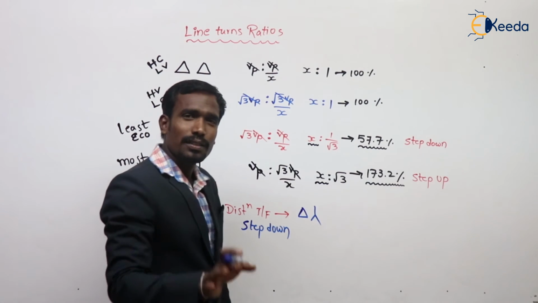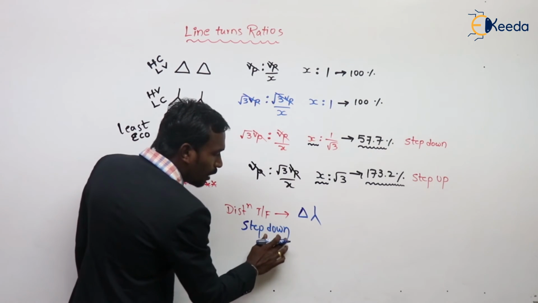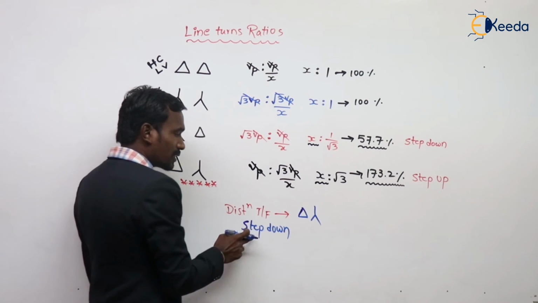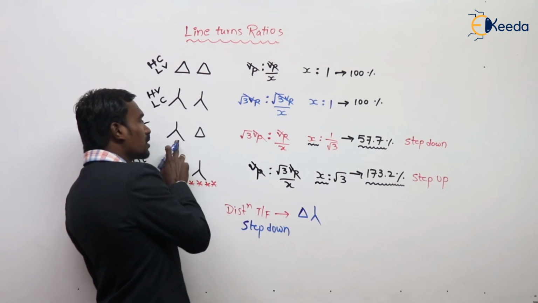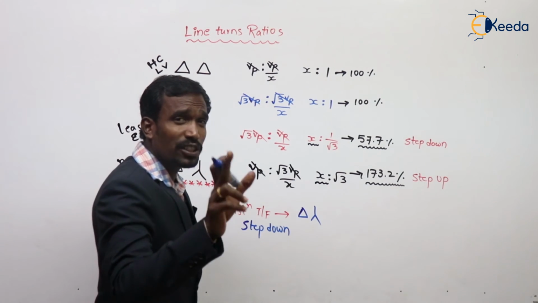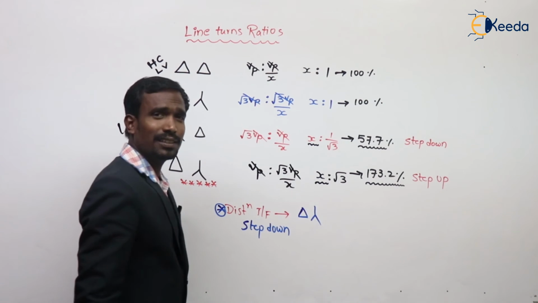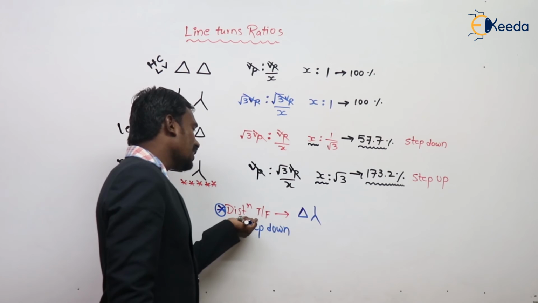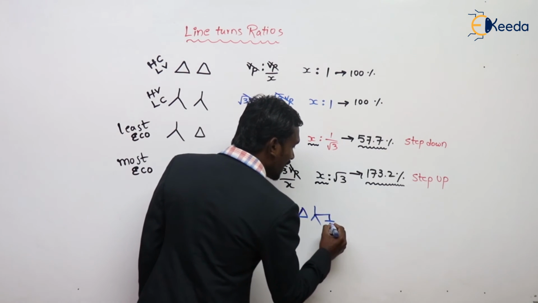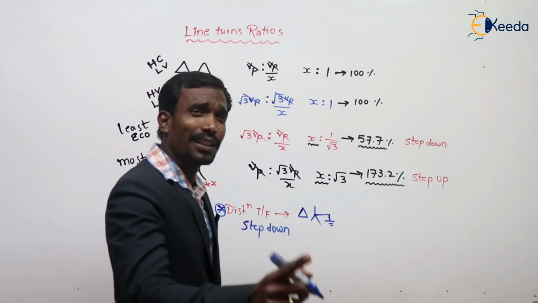Just listen carefully. Generally, for step down, we should use star-delta only. But the distribution transformer is a special case. Even though it is step down, we must need a neutral grounding.